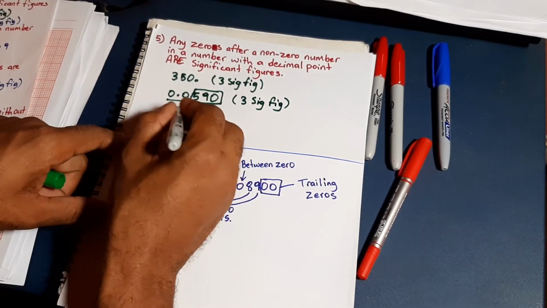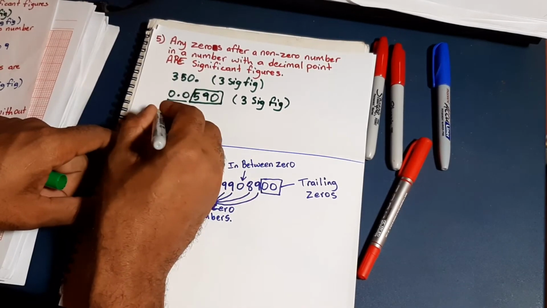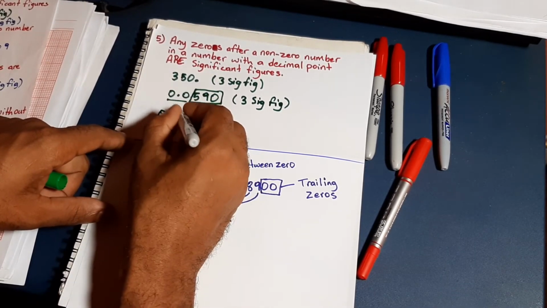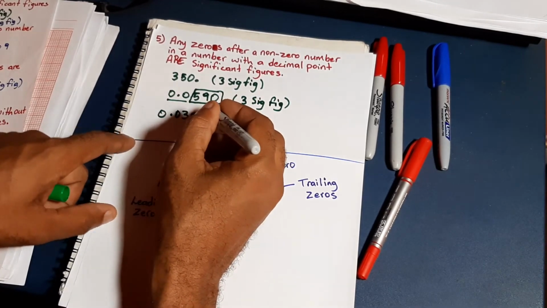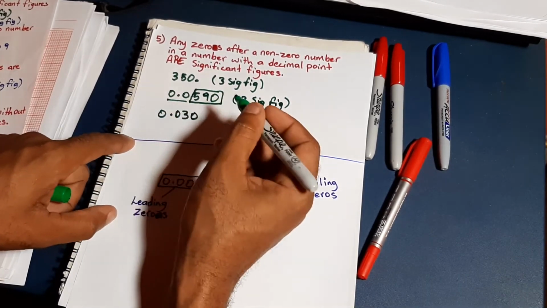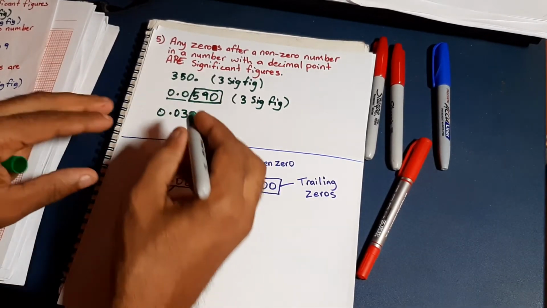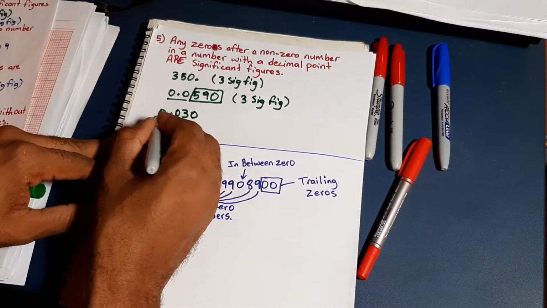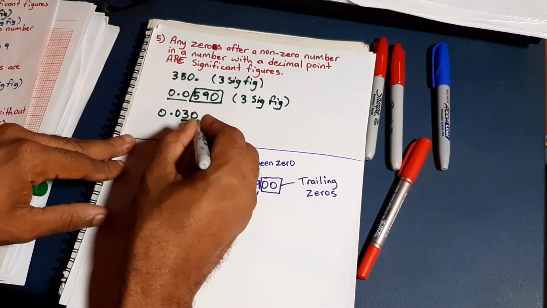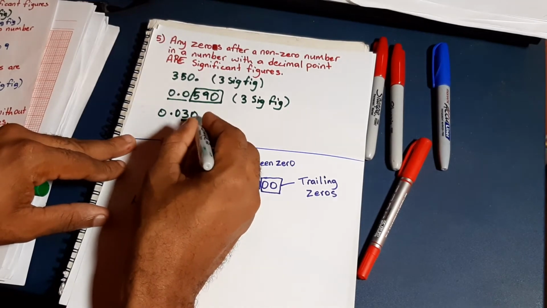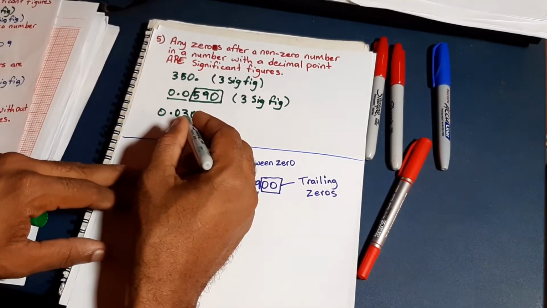Let's go again. Let's say we had 0.030. Now remember, we would not consider these two leading zeros to be significant figures. We would consider this 0, why? Because of the rule, and this 3 because it's a non-zero number.